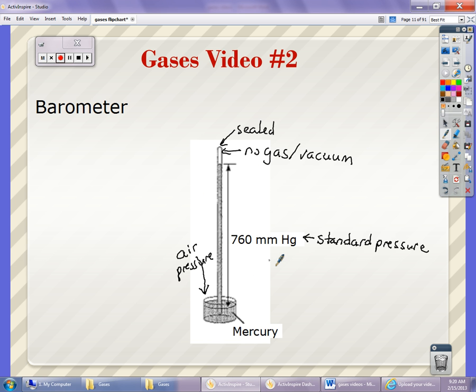There's another way to describe this. This is also equal to 760 torr. Torr was named after the scientist who came up with the barometer. Another name, though, for this is 1 atmosphere, or 1 ATM. And that's the way that chemists usually describe it. So you should be able to convert between any one of these units.